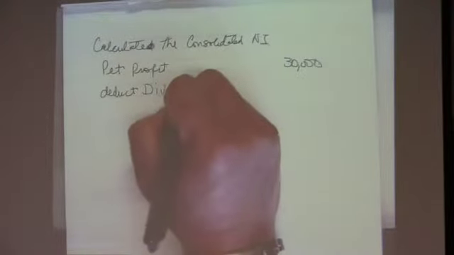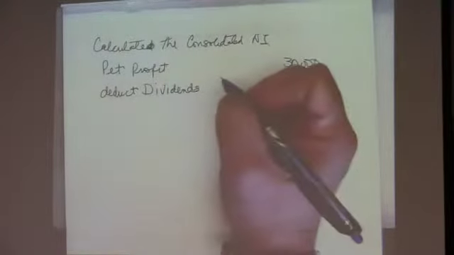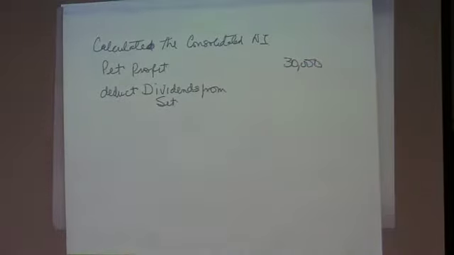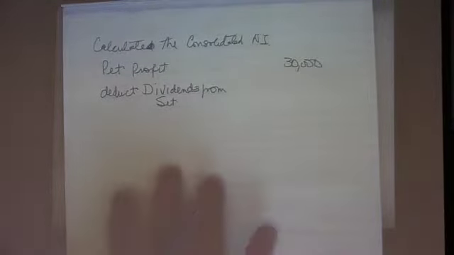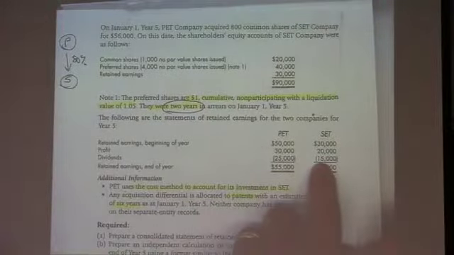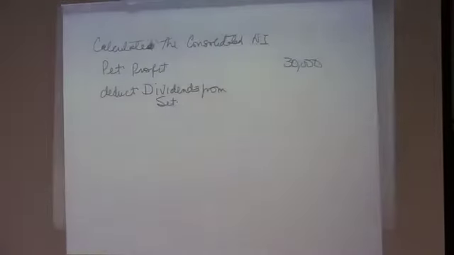Now, we're going to deduct, because remember they're using the cost method, so we need to deduct the dividends from SET, right? Now, how much is that? Well, let's take a look. The dividends that were declared according to the case facts, SET declared 15,000 dividends.